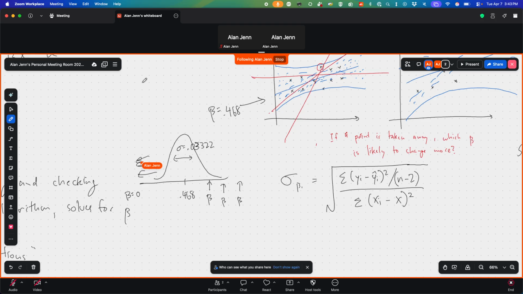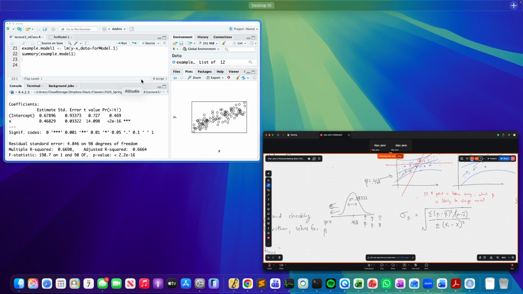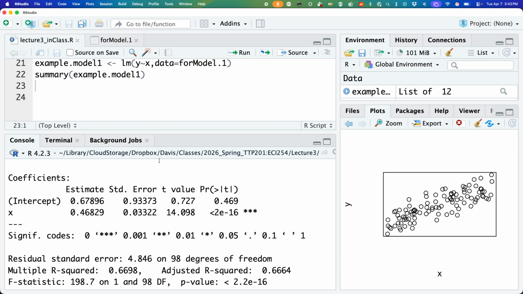It is, in fact, exactly 14 sigmas away from the mean. So very, very unlikely. Okay, any questions about that?